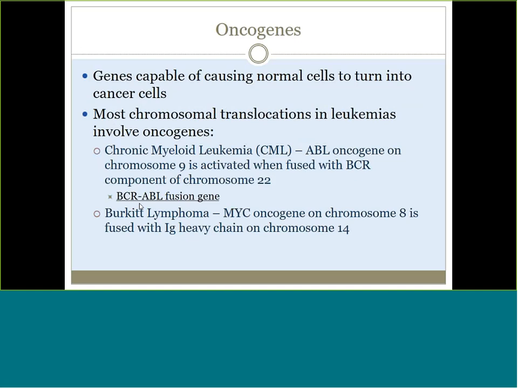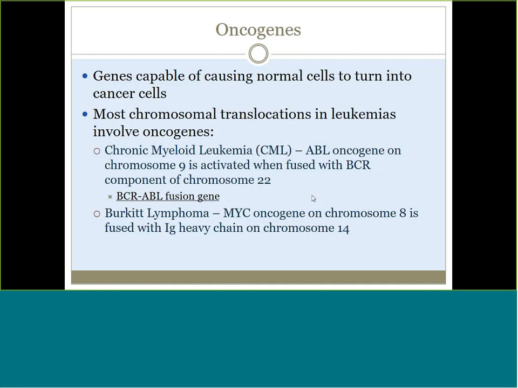There's one specifically that I need you to take away and remember. It's a big one. It's for CML, which stands for chronic myeloid leukemia. There is an oncogene, ABL, that becomes fused with the BCR oncogene. And when that fusion happens and involves a translocation of chromosomes 9 and 22, it initiates CML. 95% of patients that have CML have had this chromosome 9 and 22 translocation happen that resulted in them getting that leukemia.